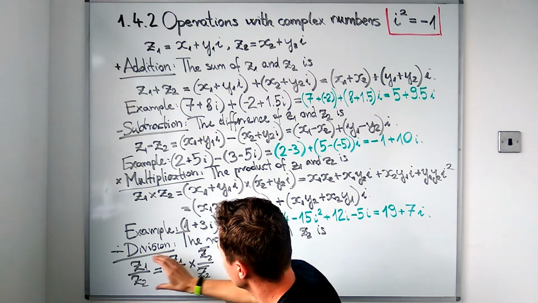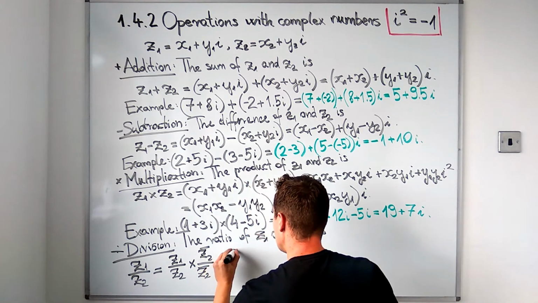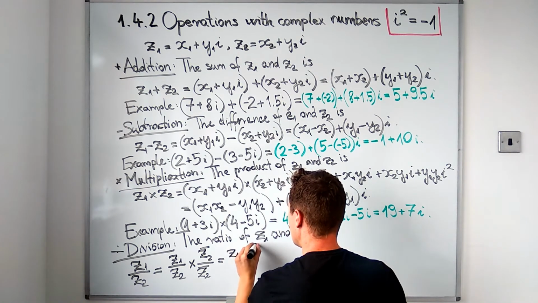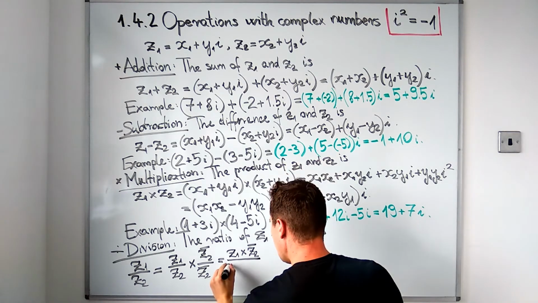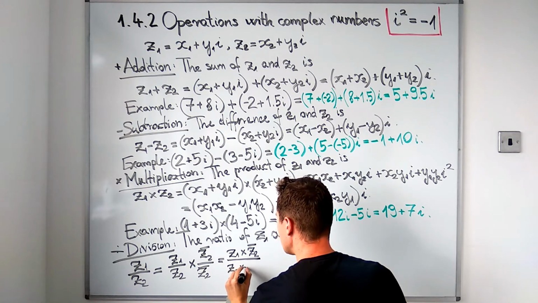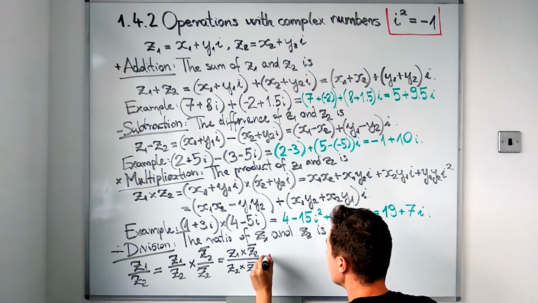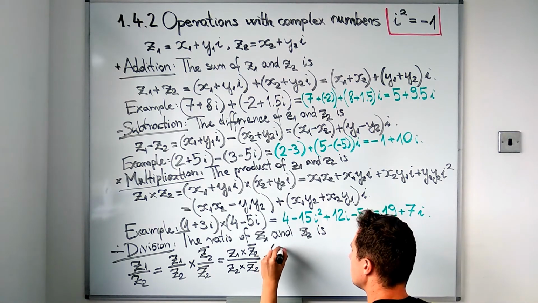So that is just a factor of 1. It's not going to change the result, but what it will do is turn the numerator into the product of z1 and the complex conjugate of z2, and the denominator will be z2 multiplied by its own complex conjugate.